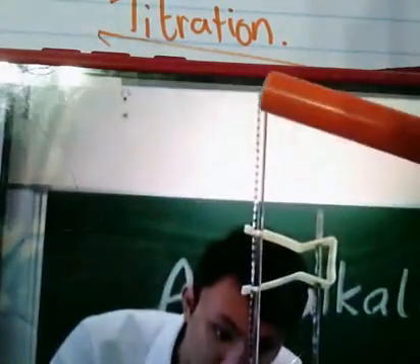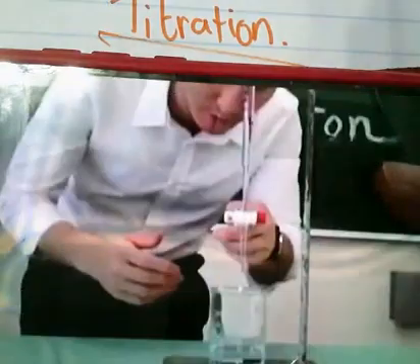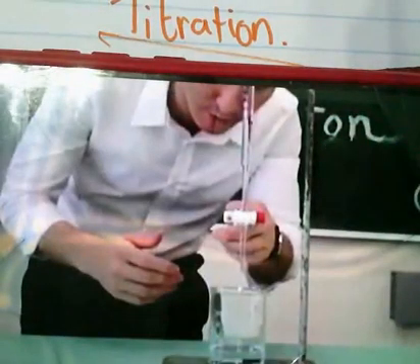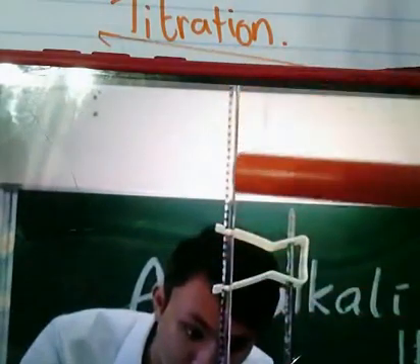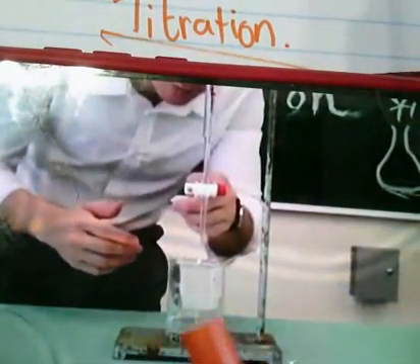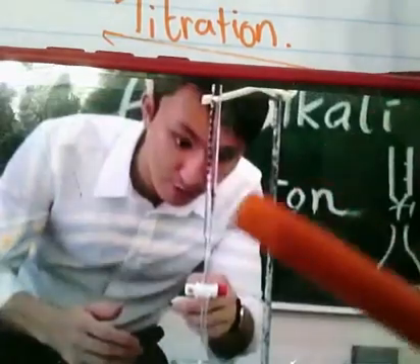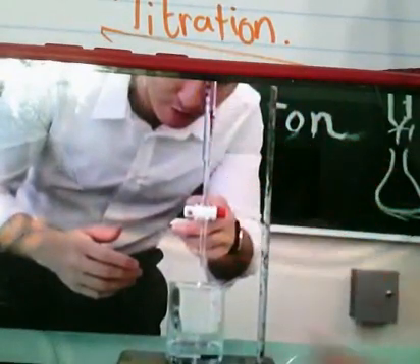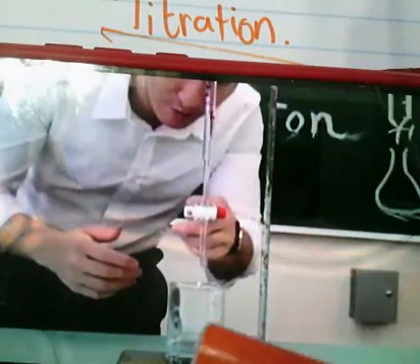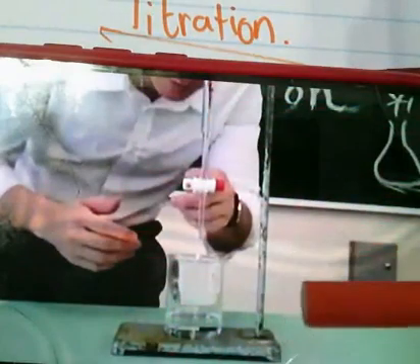We have a known volume of acid used, and then one of these two has a known concentration. Either the base will have a known concentration or the acid will. Then we would use the known variables to calculate the concentration of the unknown substance. So if we didn't know the concentration of the base, we would use these measurements to determine it. Or if we didn't know the concentration of the acid, we would use these measurements.